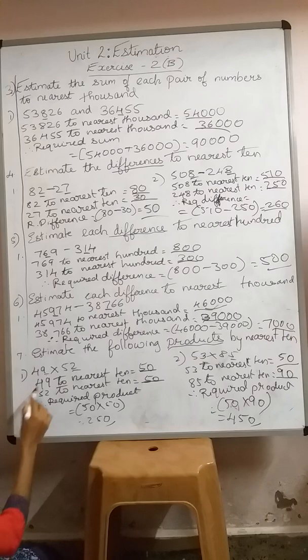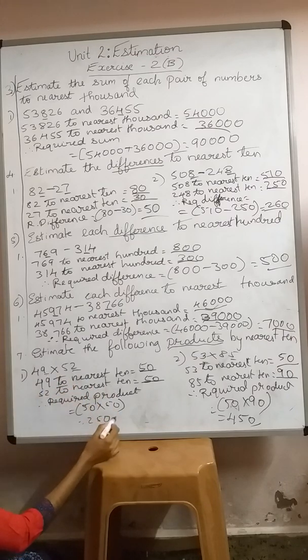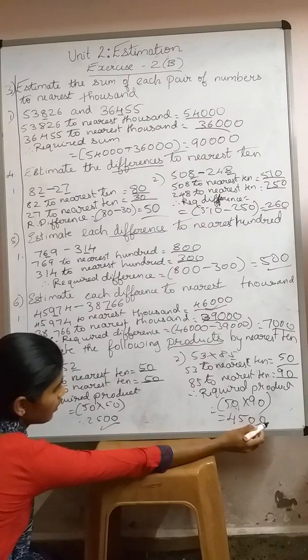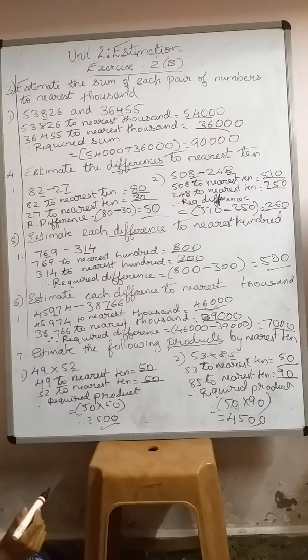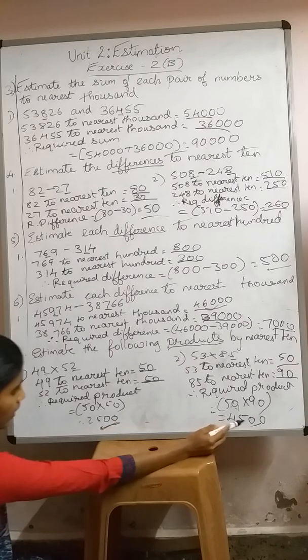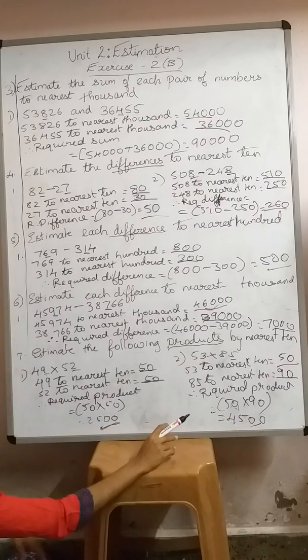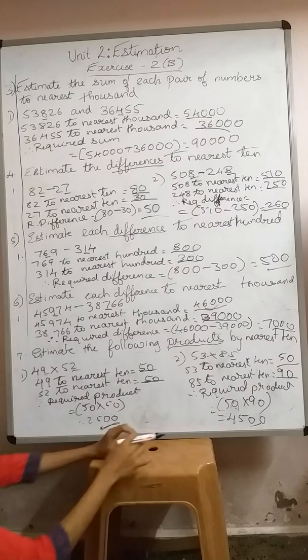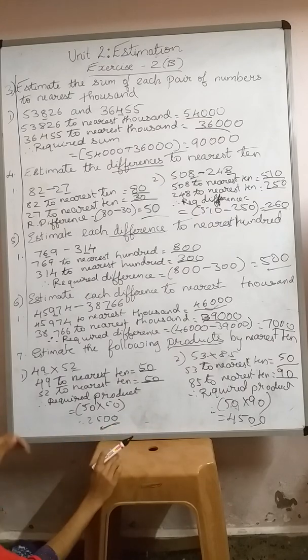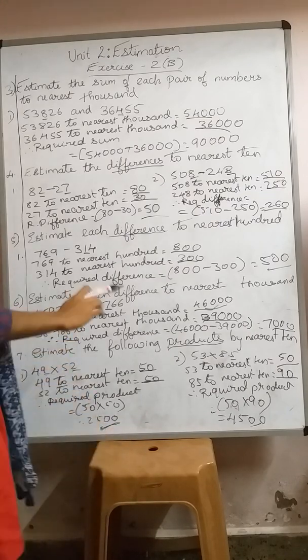Here the answer is 2,500, children, not 2,050, and here also 4,500. Remember that. So once again, check your answer. If your answer is 2,500 and 4,500, then follow the same steps for the other sums also. Everybody needs to calculate and find out.